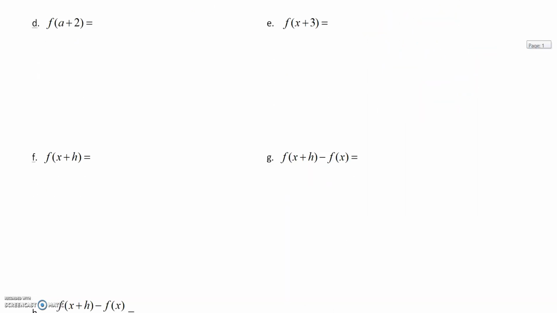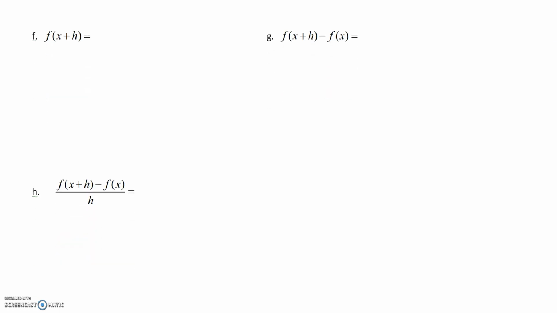Moving down further now, G and H. This is going to come up quite a bit later in first semester, where H is really what I'm leading you up to. It's the definition of what a derivative is. But we're going to first talk about simplification.